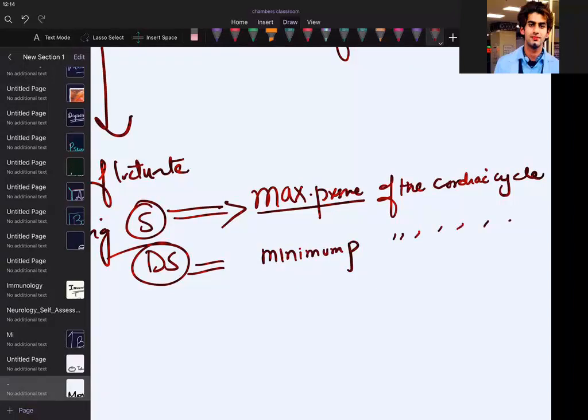So when you say the systolic BP of the patient is 130, it means it is the highest cardiac cycle pressure seen right now. And for the lowest pressure, you will say the DBP is 80, 70 mmHg.